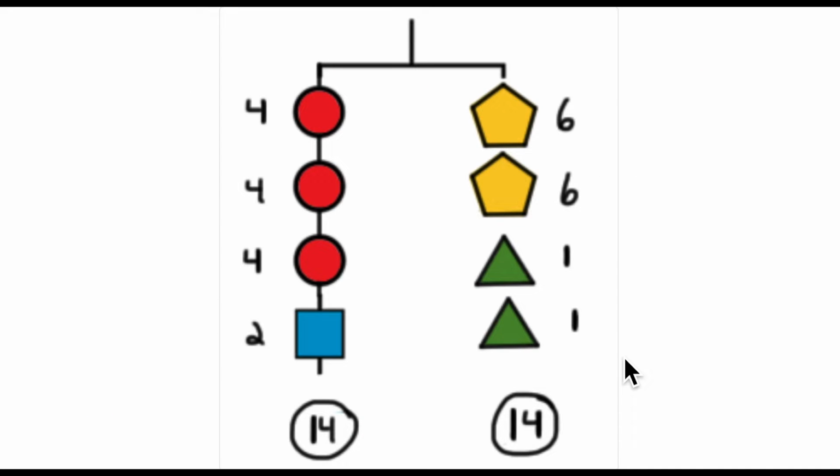Now as an example, let's assign some weights and see what happens. So let's make the triangles 1 gram in this case, the square 2 grams, and for the circles and the pentagons, I'm going to use a multiple of 6 because I want the weights to be whole numbers. So if I assign 3 grams for the circles, then 3 times 3 is 9 grams for the pentagons.